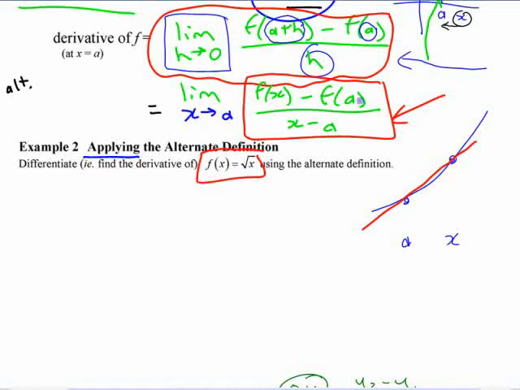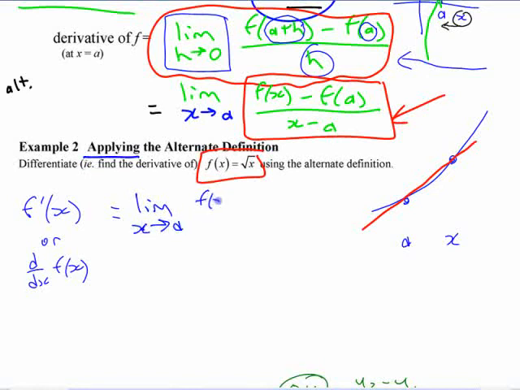If you use this alternate definition, you can simplify it using this. So if we say that the derivative here, f prime of x, or d dx of f of x, or whatever you want to call it, is equal to the limit as x approaches a of f of x minus f of a over x minus a.